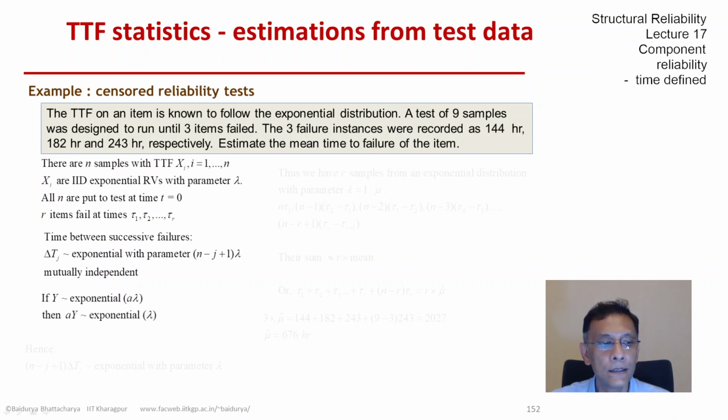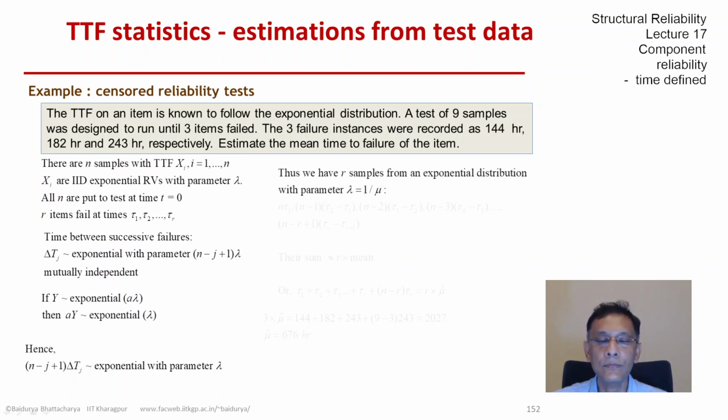They're mutually independent, and we already know if Y is exponential a lambda, then aY is exponential lambda. Hence, n minus j plus 1 times delta tj has to be exponential with parameter lambda. So now we have scaled all these exponentials to have the same parameter. That gives us a way forward.